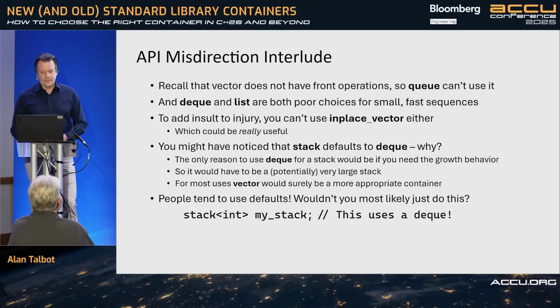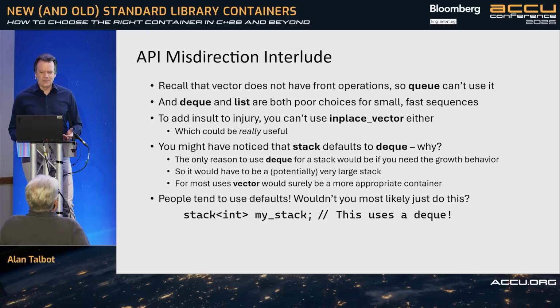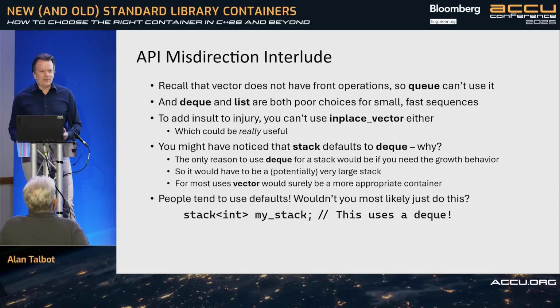Another thing, you might have noticed that the stack defaults to deque. Why is that? Again, the only reason you'd want to use a deque would be if you are going to have this huge stack and you're worried about filling memory or something. Otherwise, why wouldn't you want a vector? Surely that's better.